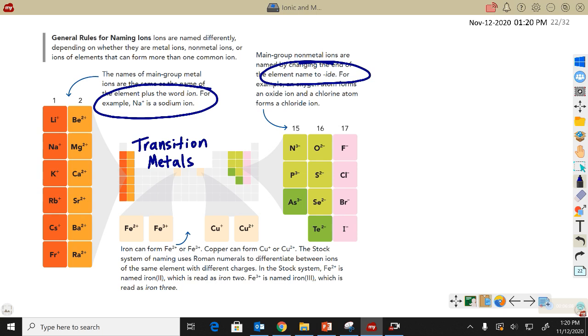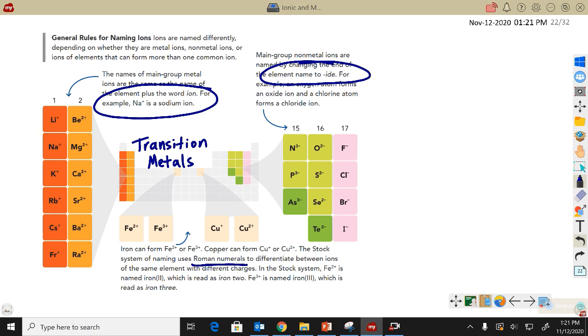All right, so even some of these transition metals like manganese, for example. Manganese can have 4 different charges, and vanadium can have about 4 or 5 different charges. And so we have to find a way then of saying what charge we're referring to. And that'll be shown with a Roman numeral.